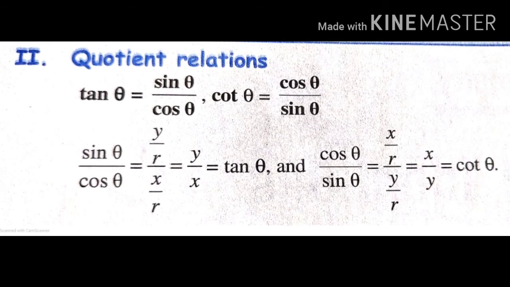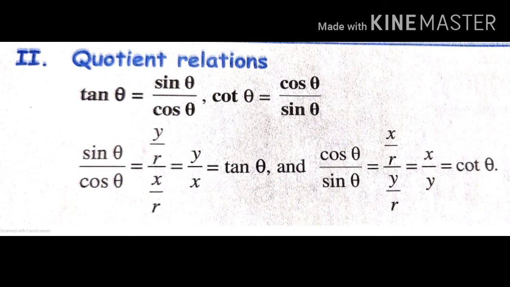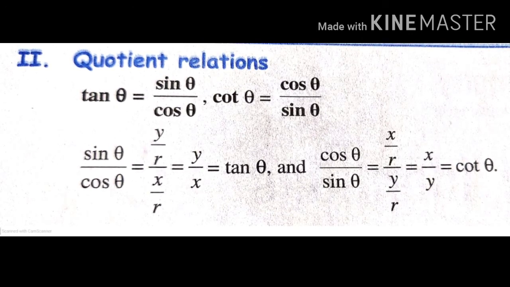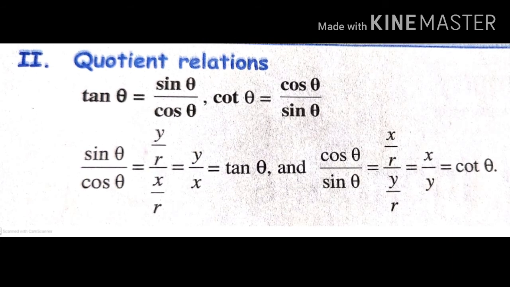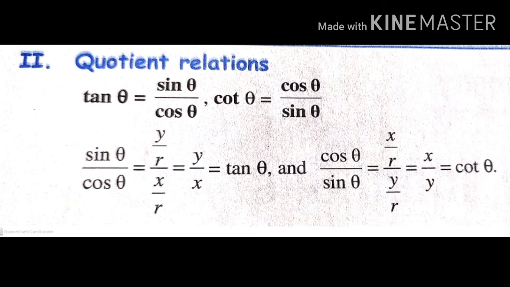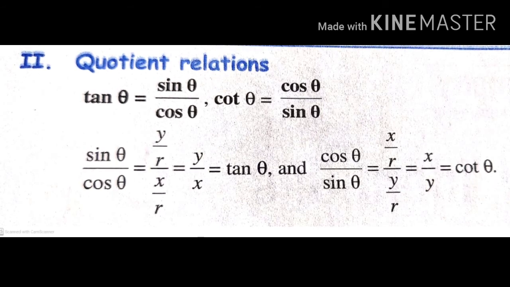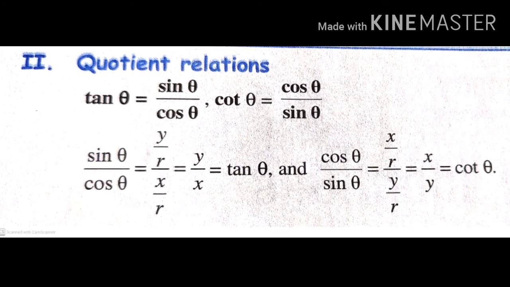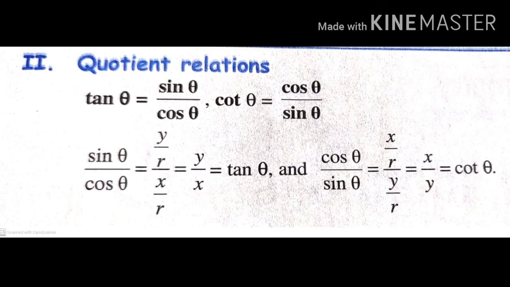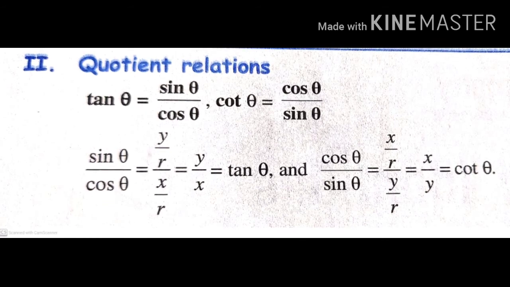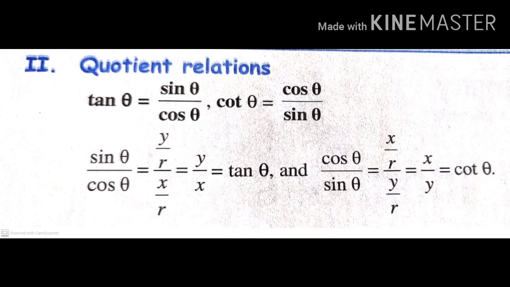So another relation is the quotient relation, in which sin by cos is equal to tan and cos by sin is equal to cot. Whenever in the question you need to substitute the value of tan and cot, we will substitute it. There is nothing more to memorize: as tan is sin by cos, cot is the reciprocal of tan, so you have to remember cos by sin. So it is understood.